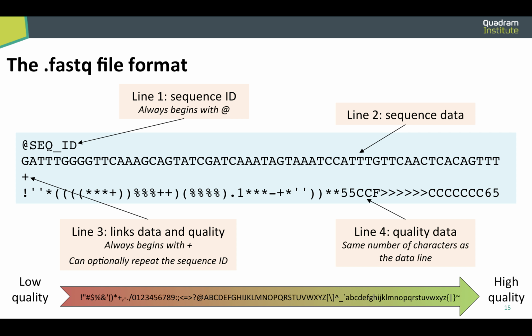So each of these characters represents a particular score on the Phred scale that I introduced before, ranging from the exclamation mark, which is extremely low quality data, right up to, I think that's called a tilde, isn't it? Which represents extremely high quality data, and ideally, 30 is around about here or something as your cutoff point.